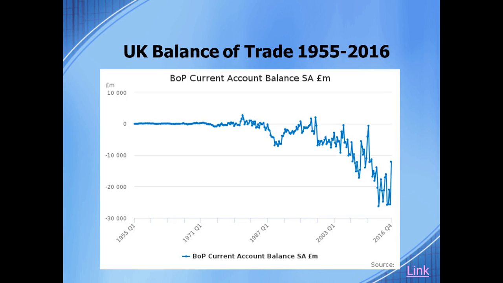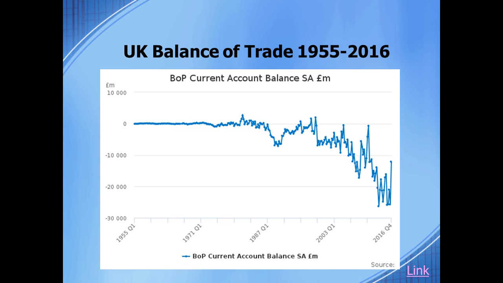If we have a look at this balance of trade, which is from 1955 to 2016, on the left hand side relatively near the top, you'll see we have the zero, and when the graph goes above the zero it shows a positive balance of trade.